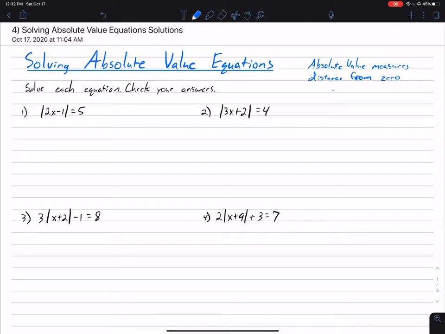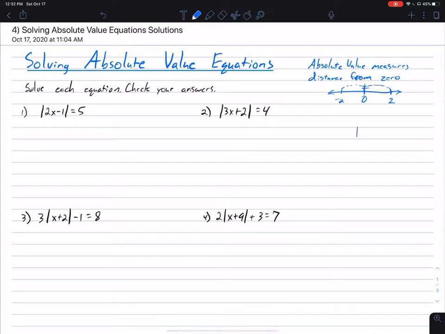So if I have a number line and I have the point 0 there, -2 and 2 are the same distance away from 0. It's important to remember that if you're looking for a distance of 2, there are two possible answers. -2 is 2 places away from 0, and +2 is 2 places away from 0.